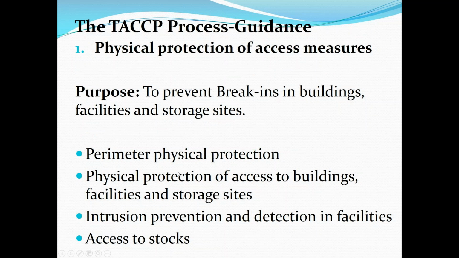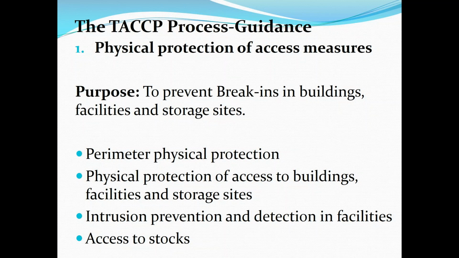The other one is physical protection of access to buildings, facilities, and storage sites, where you may close off access to certain areas, for instance loading and unloading docks. You may fit grills or bars to your windows.